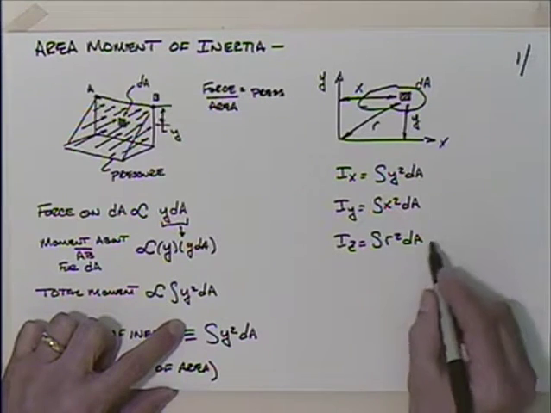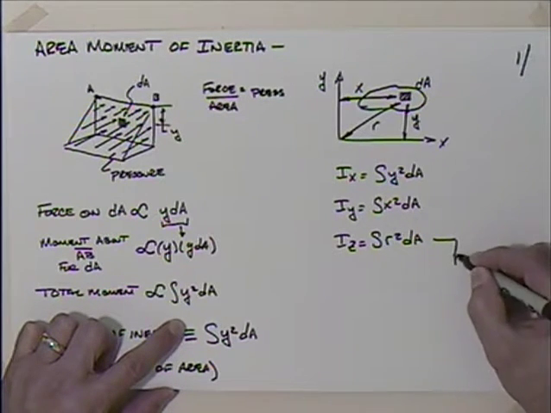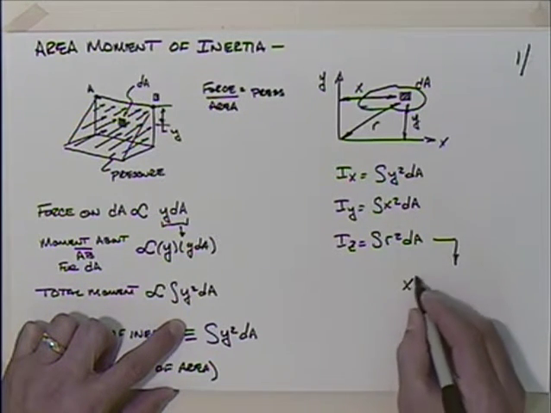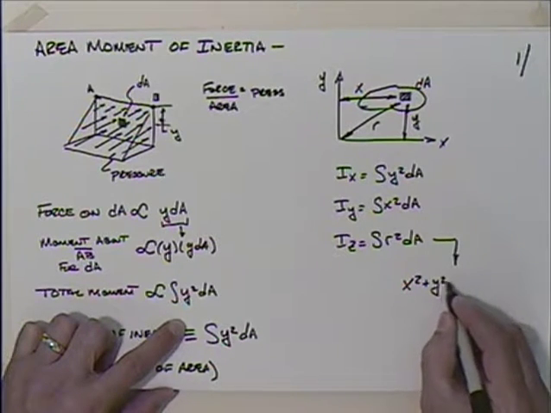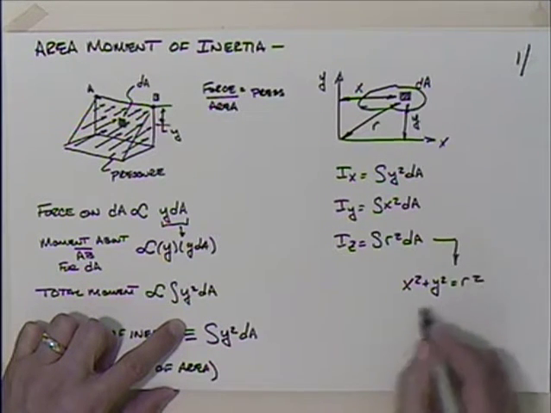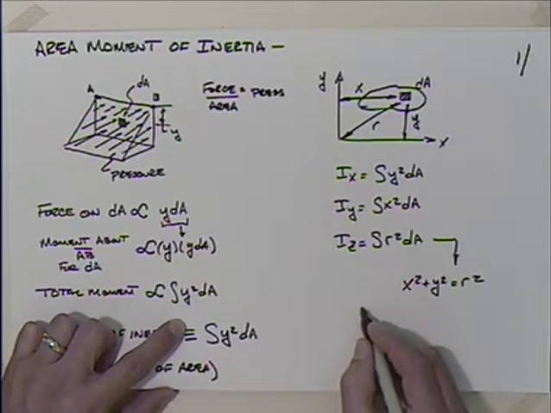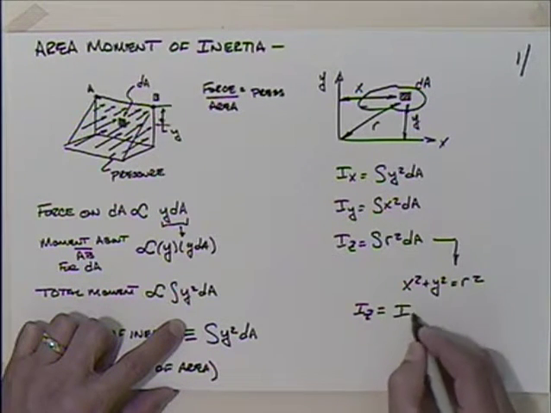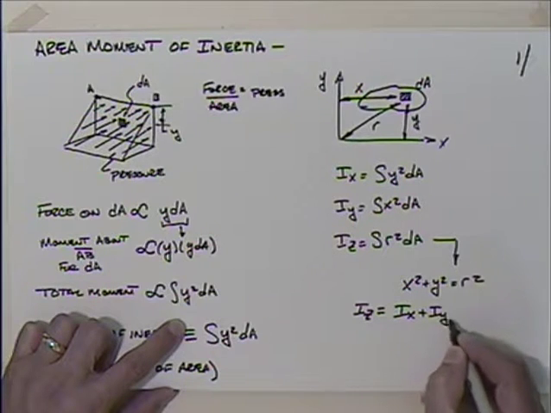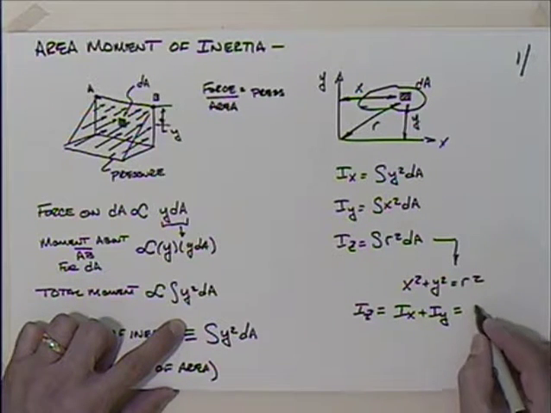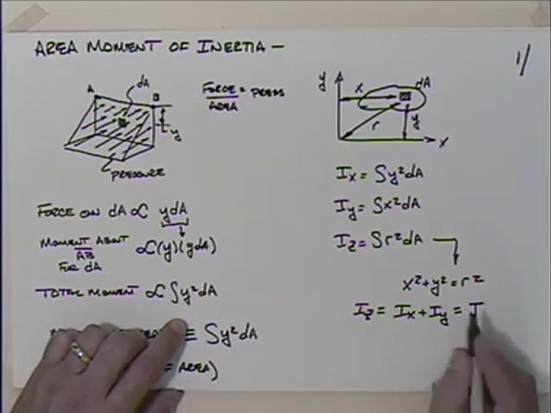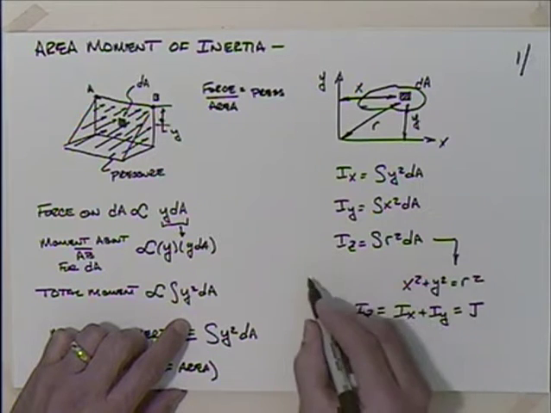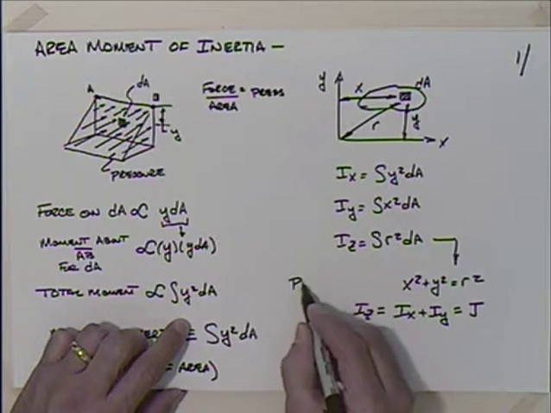And this one's probably worth talking a little more about: since x squared plus y squared would equal r squared, we can say I about z is equal to Ix plus Iy, which sometimes we'll call J, or this whole thing will be known as the polar moment of inertia.